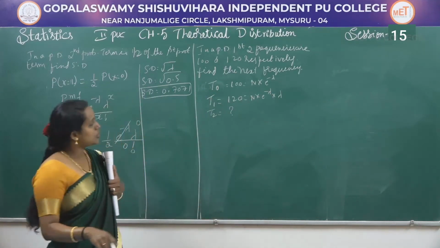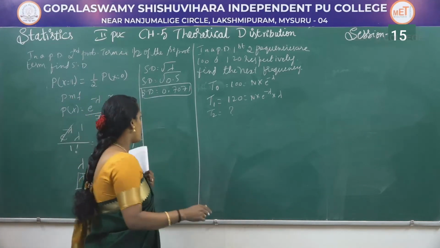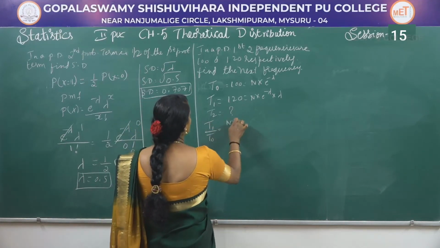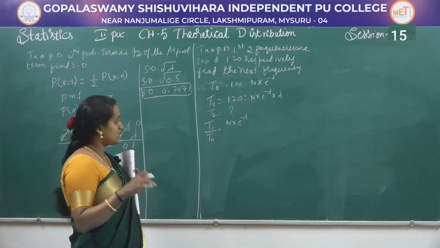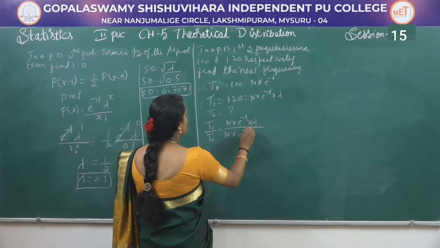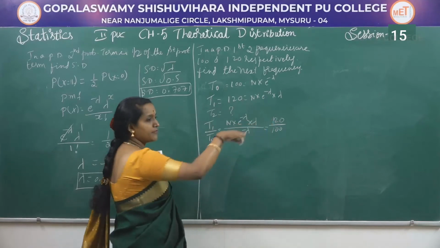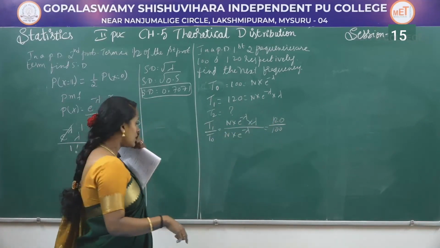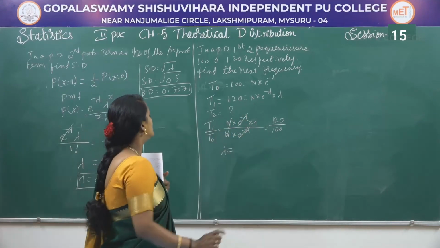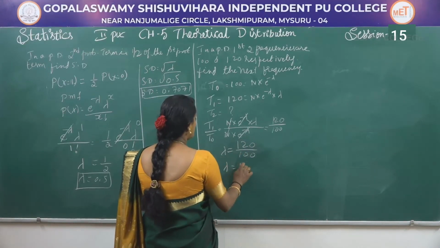Next we take the ratio of T1 by T0. So n into e power minus lambda into lambda divided by n into e power minus lambda is equal to 120 divided by 100, the frequencies we have taken. Next, these two will get cancelled. Then lambda is equal to 120 divided by 100. So lambda is equal to 1.2.